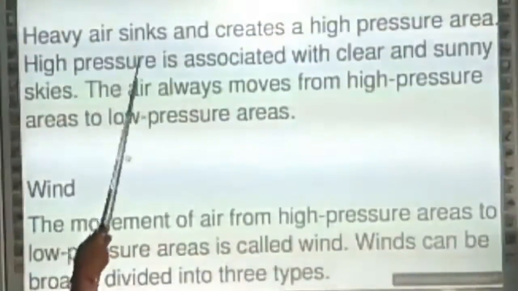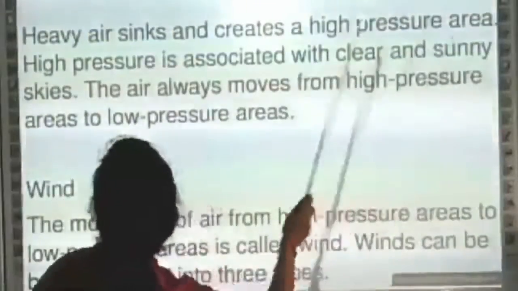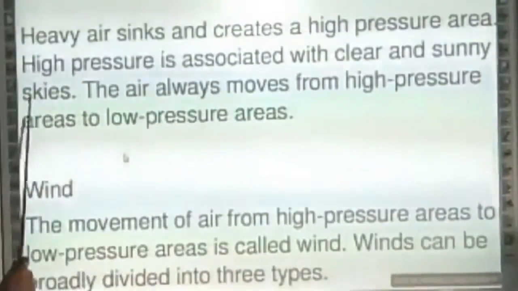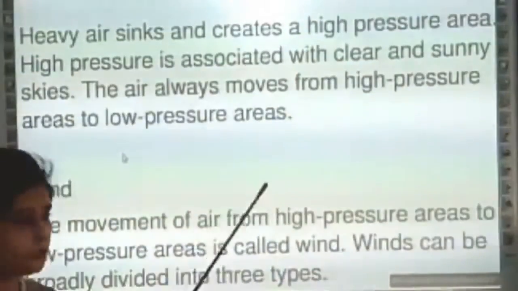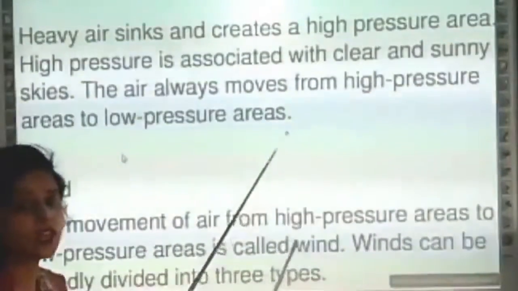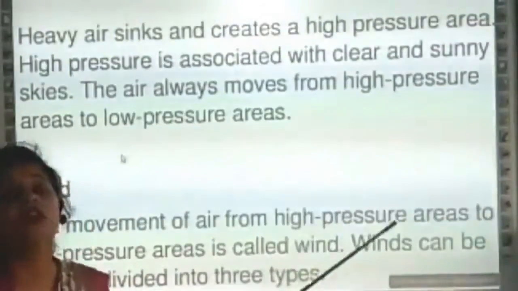Heavy air sinks and creates a high pressure area. High pressure is associated with clear and sunny skies. In a high pressure area, the sky is sunny and clear, there is no cloud, and the weather is sunny.